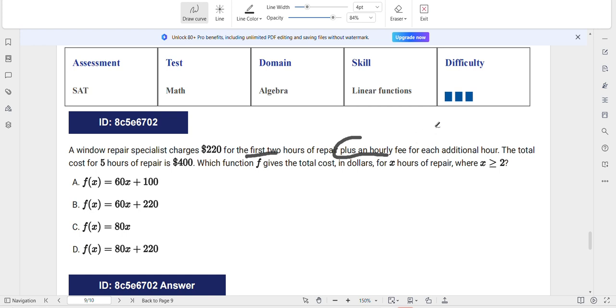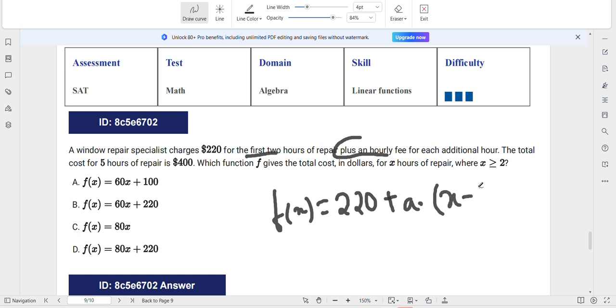So let us say f(x) equals $220 for the first 2 hours, plus an additional hourly fee for each additional hour. We don't know the additional hourly fee, so let us suppose it is some constant a times the total hours x, and we have already used the first 2 hours, so minus 2.